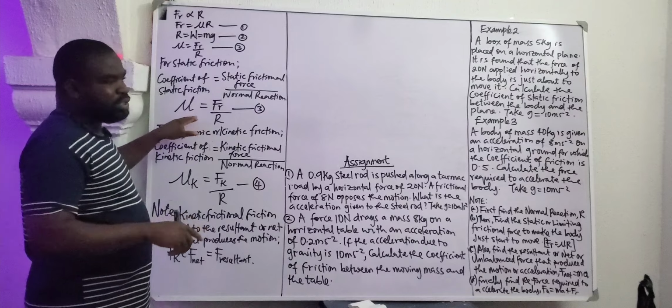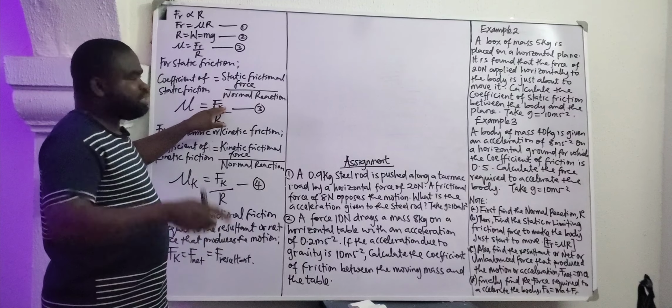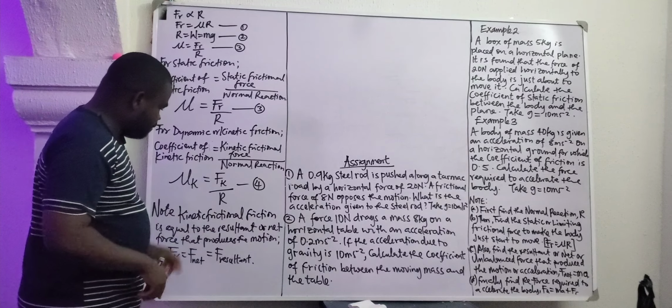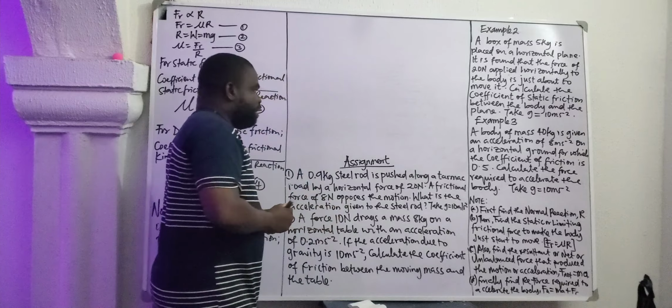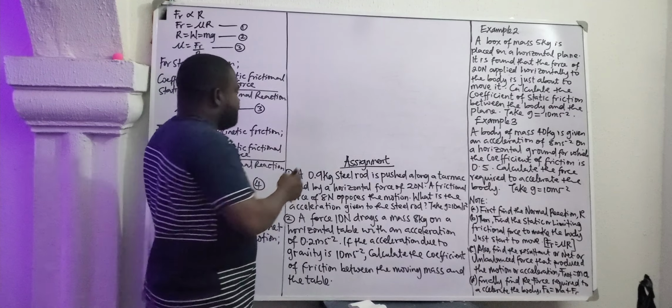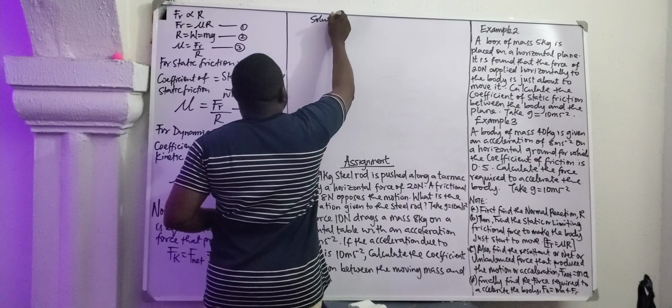Then if you are looking for the coefficient of static friction, you will use the static frictional force divided by the normal reaction. So let's look at a particular example, example 2.